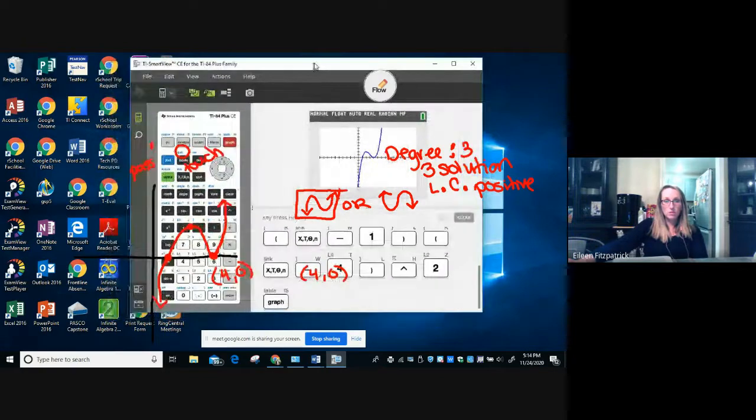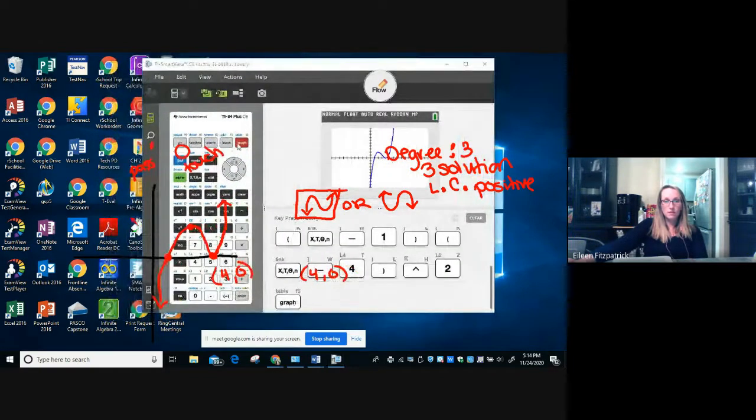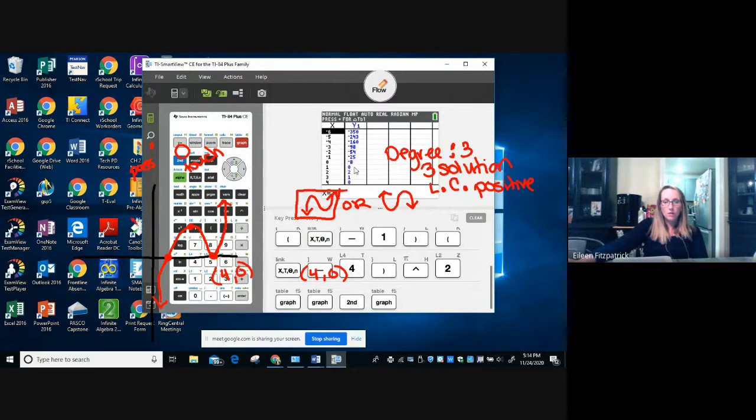And then I'm going to hit second table to get a table of values that I can copy down onto my paper. I only really want to copy the easy, smaller values, especially ones where I can see there's a change of direction. I can see that my y values are negative here, but now they've changed to positive.